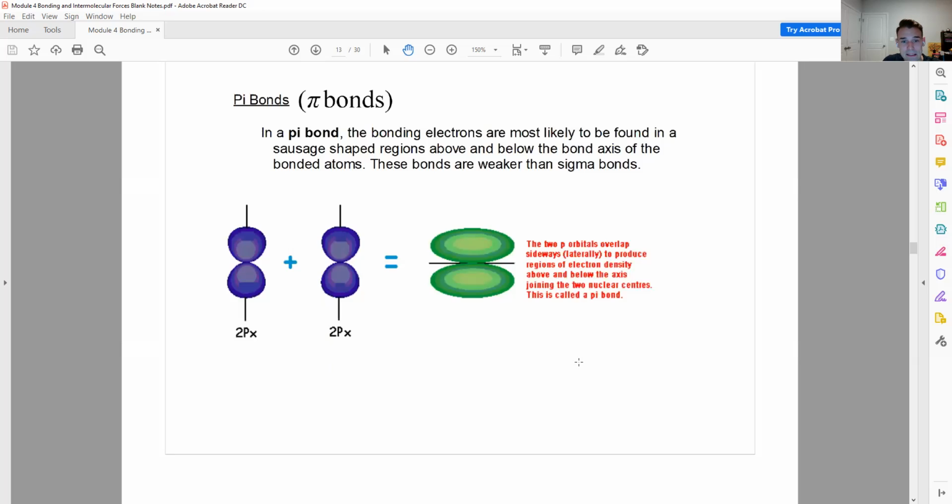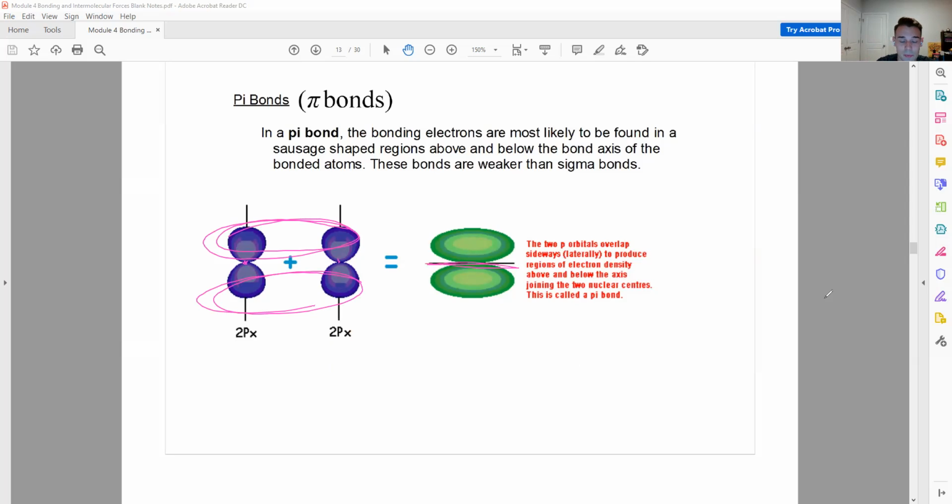A pi bond: bonding electrons are most likely to be found in, and this is straight from the textbook because I couldn't make this up if I wanted to, a sausage-shaped region above and below the bond axis of the bonded atoms. These bonds are weaker than sigma bonds. Basically you've got 2 p orbitals that overlap laterally. It's going to have overlap like this, where your nuclei are right here in this plane.